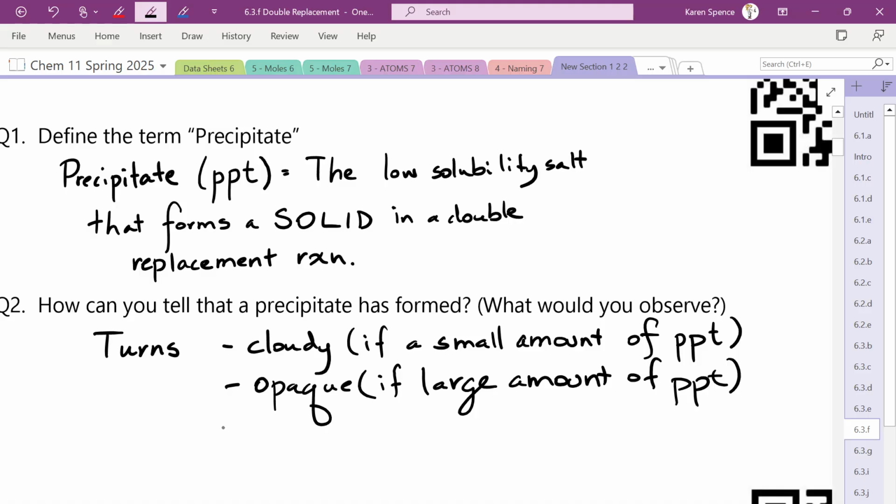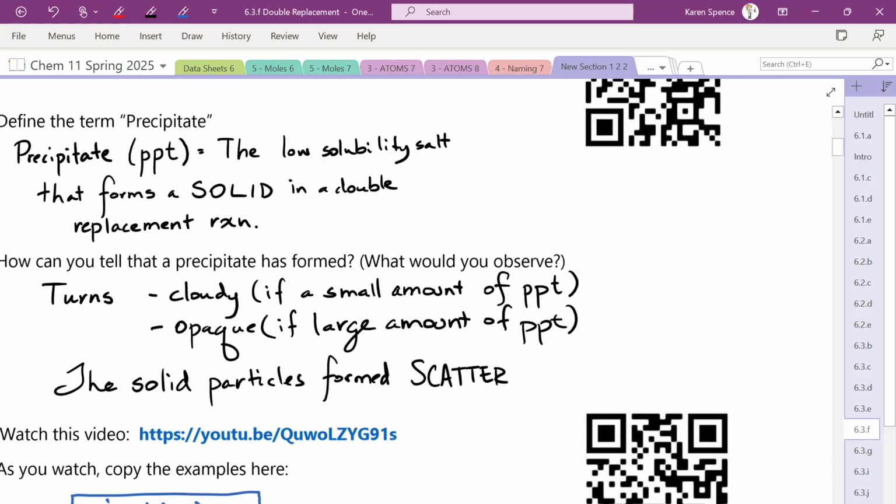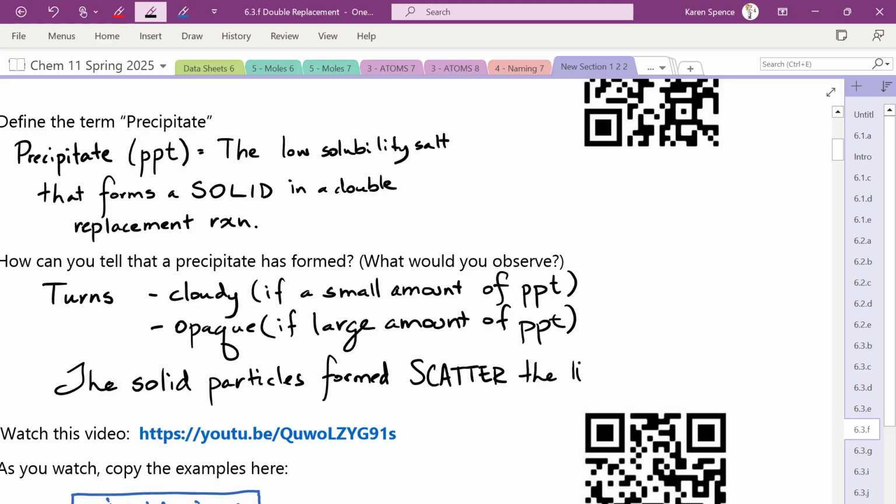And the reason they are cloudy and opaque is because the solid particles formed scatter the light. And if we have those solid particles, we have a suspension. So our reactants were two different solutions. We poured them together and we got a suspension.